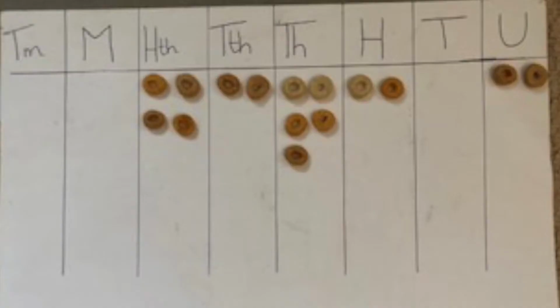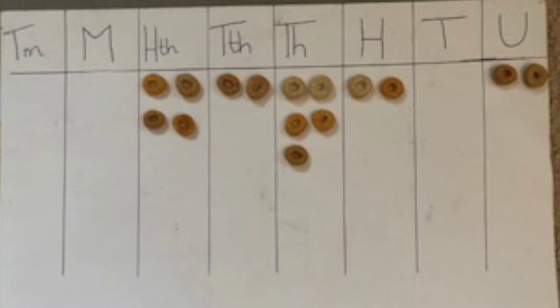Here's the next number for you to pause the video, make yourself, write it in numbers, words and practice saying it. So in this number, we've started off with some 100,000s.